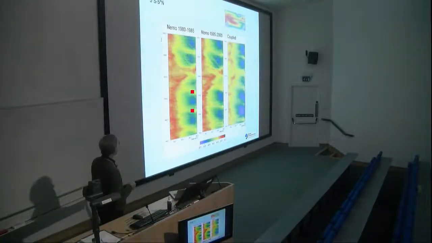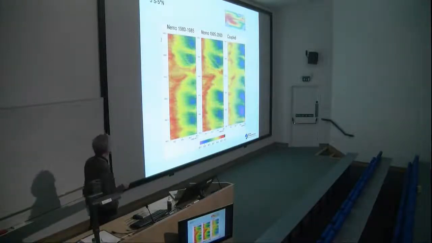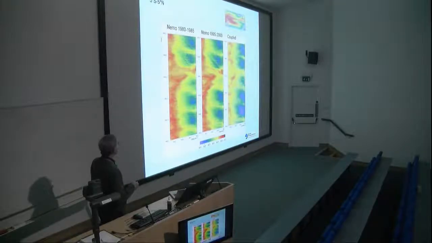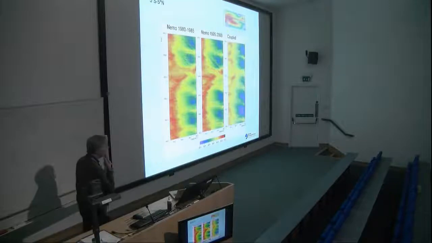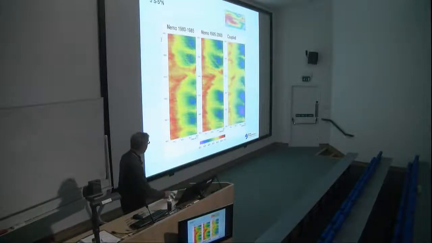There's some sort of annual signal, but the main events start roughly in the summer in the Western Pacific, come across and get across around Christmas. This is a little bit odd in that there seems to have been one of these weaker El Nino events start first, and then come the summer, one of these strong El Nino events went all the way through. The atmospheric one is not so obvious, what's going on.